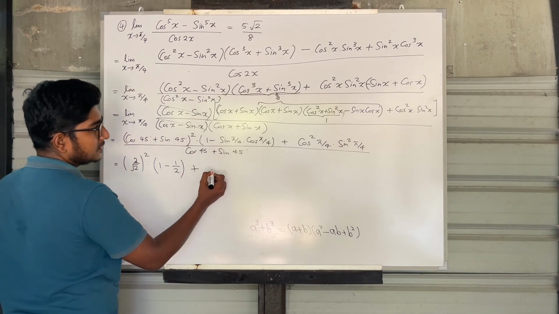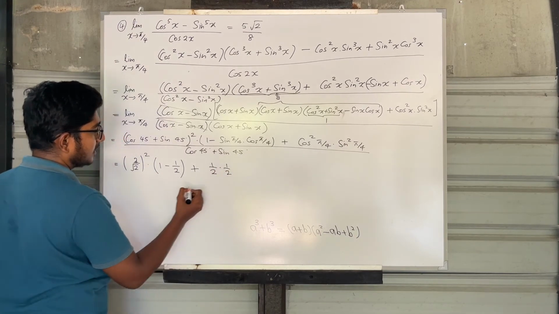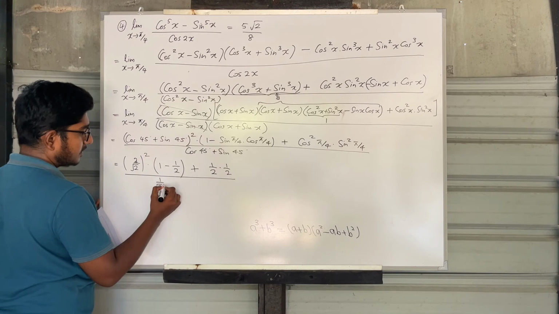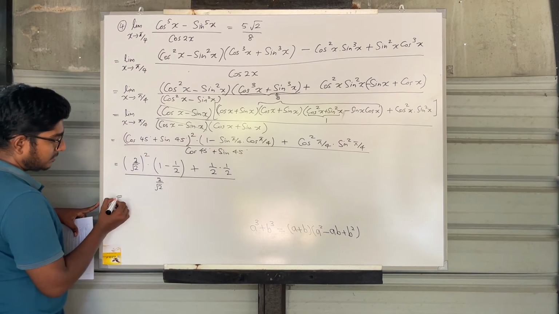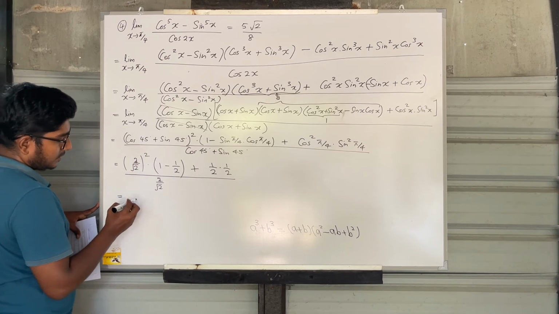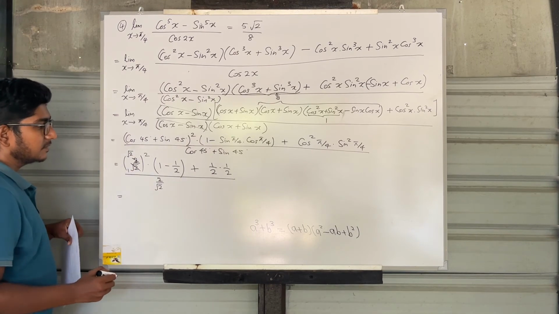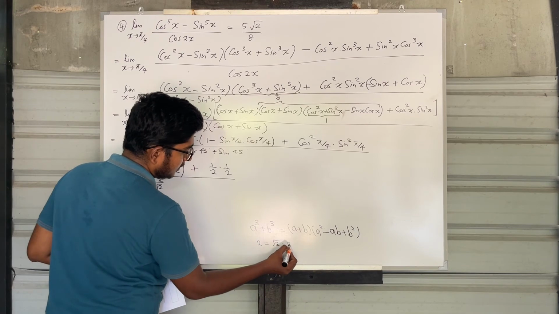Plus 1 over root 2 squared is half, again half. Denominator is 1 over root 2 plus 1 over root 2, which is 2 times 1 over root 2. This root 2 and 2 get cancelled because I can write 2 as root 2 into root 2.